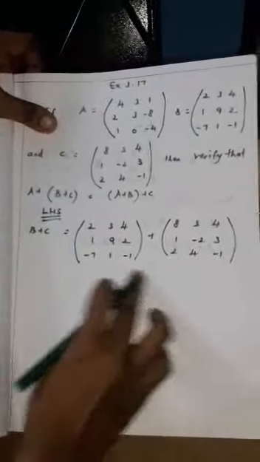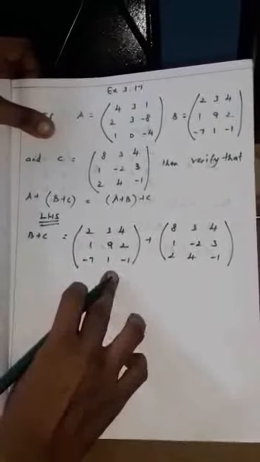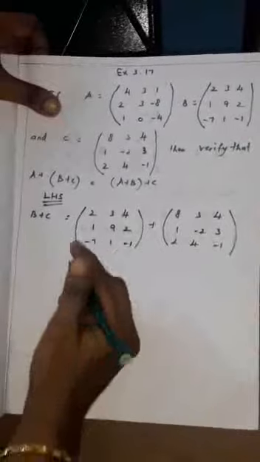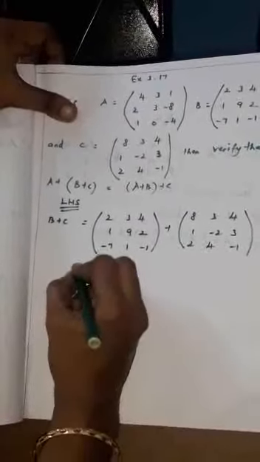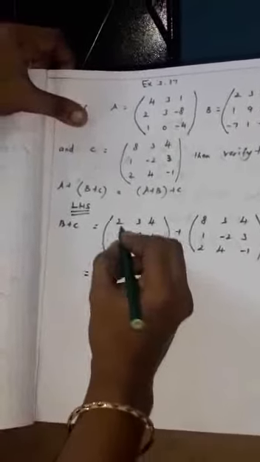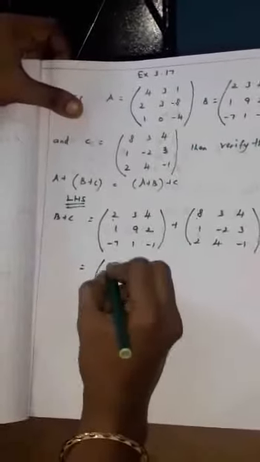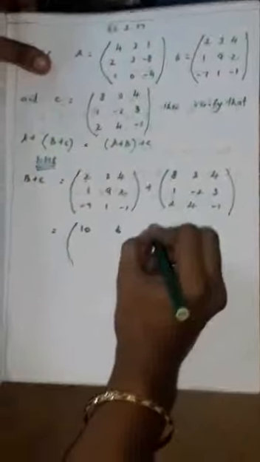Both matrices have the same order: 3 rows and 3 columns. The middle one is a plus symbol, so directly add the corresponding elements. First, 2 plus 8 equals 10. 3 plus 3, 6. 4 plus 4, 8.